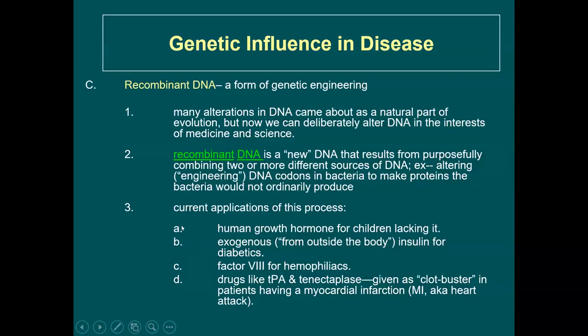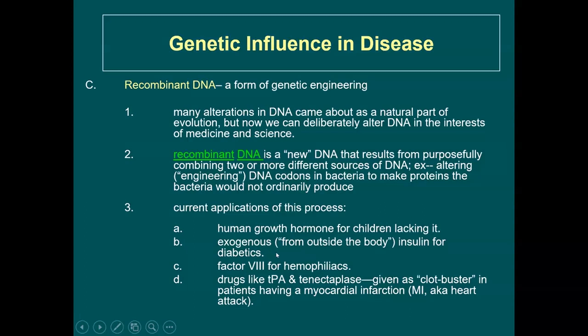So what is the current application of this process? Because if you're a scientist, this is very complex and we're not going to go into it in this course, but this recombinant DNA has been utilized, researched, and helped create human growth hormone for children who don't make human growth hormone.